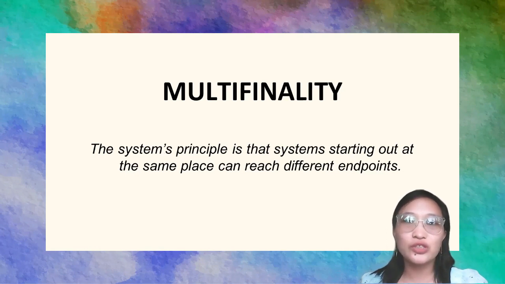Even when the system starts with identical inputs or components, the interactions and processes within the system can lead to divergent results or outcomes. This highlights the sensitivity of the system to small differences or variations in the initial conditions.